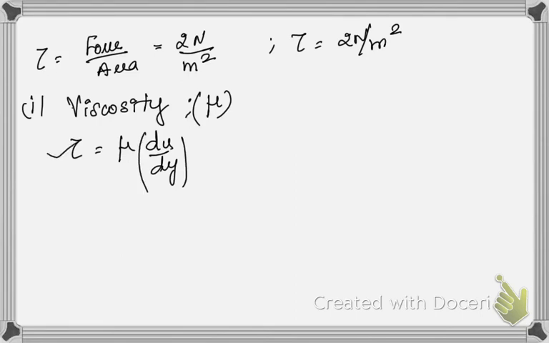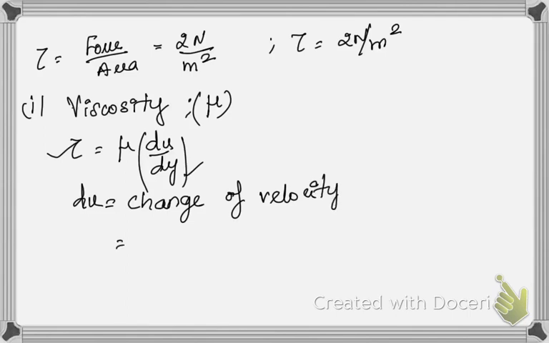So this is the formula which connects everything. Here tau value is given to me, dy value is also given, but du value is not given to me, only u value is given. So I have to get the du value. What is du? Du is nothing but change of velocity. For one plate the velocity is u, and another plate is fixed, so there is no velocity in that plate, that is u minus 0.